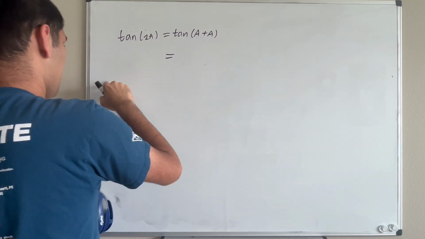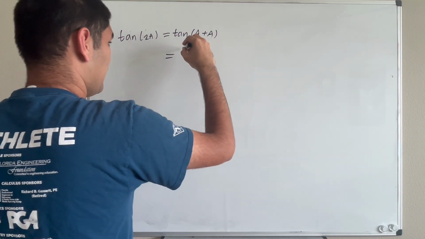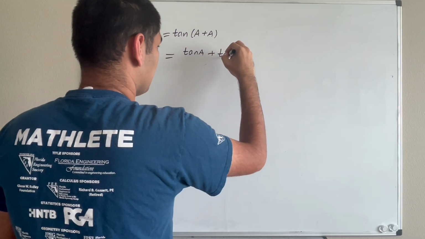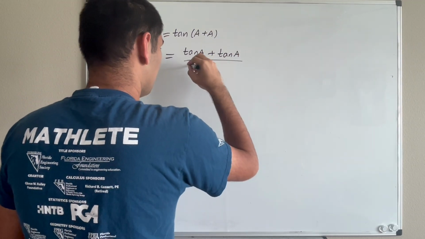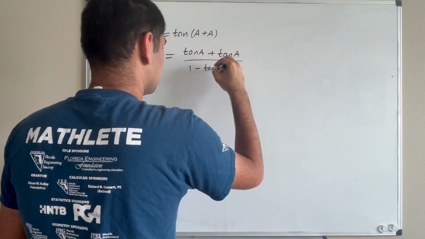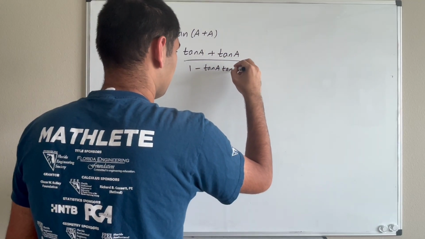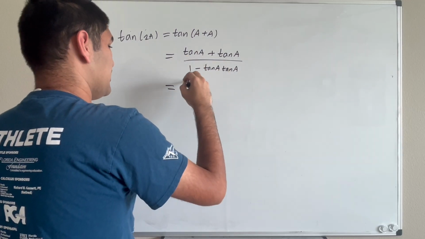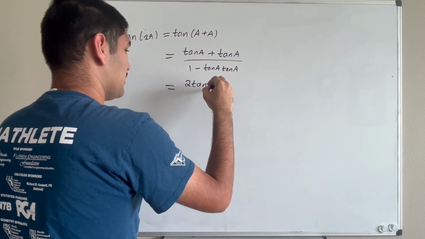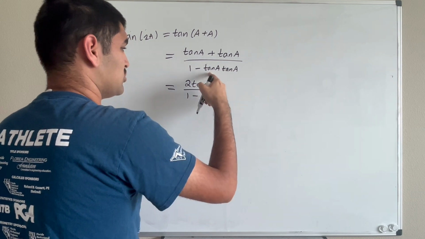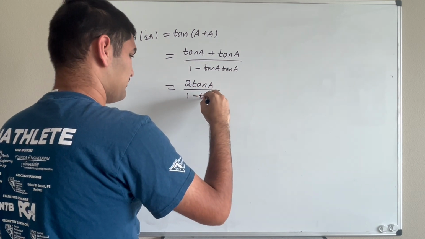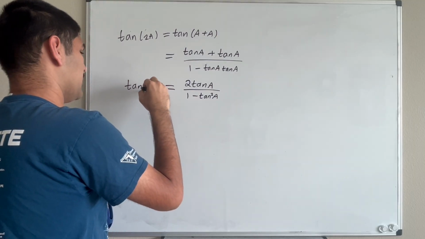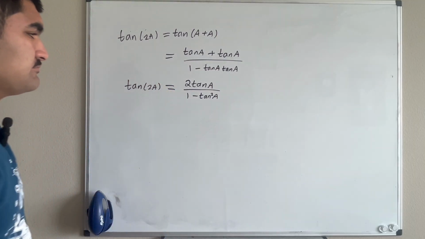And then from our identities, we can get that this is equal to tangent of the first angle plus tangent of the second angle, all over 1 minus tangent of the first times tangent of the second. And so tangent a plus tangent a, that's 2 tangent a, and then tangent times tangent is tangent squared. And that's how you get the double angle identity for tangent.